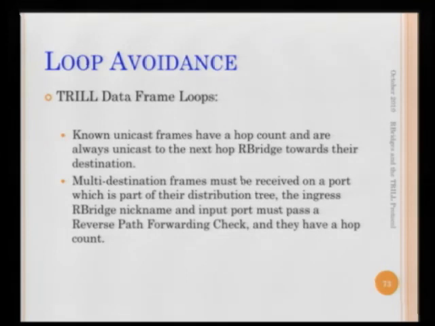If it seems to have arrived on the correct port, everything's fine. If it did not arrive on the correct port, then the RBridge will not forward it. And as an extra stopgap, multi-destination frames also have a hop count. So should something go wrong somehow, they will also count out in the hops and be discarded.